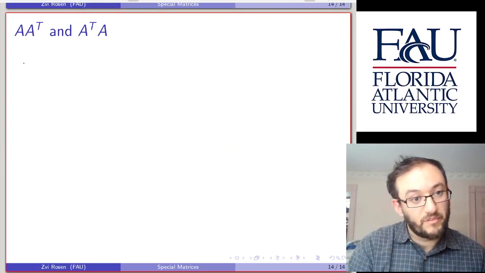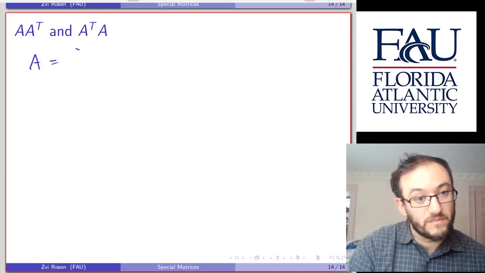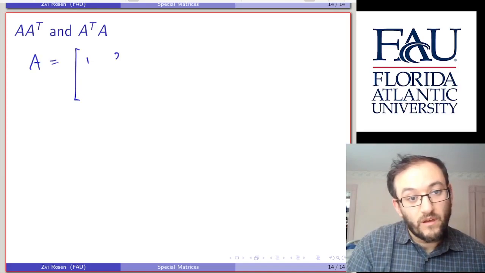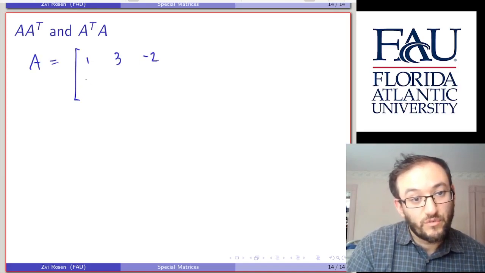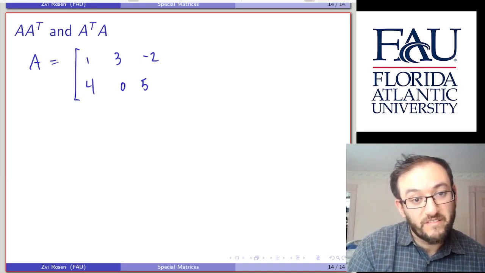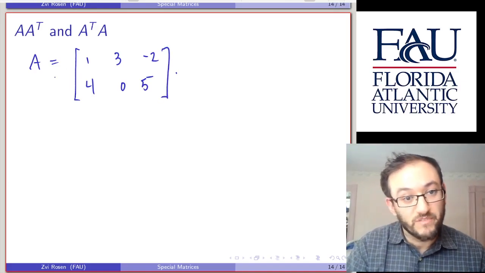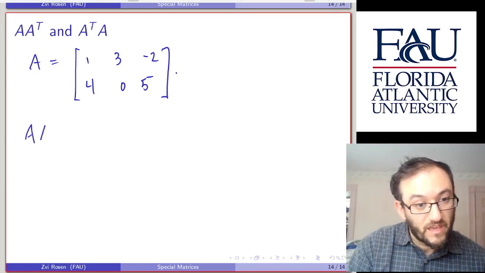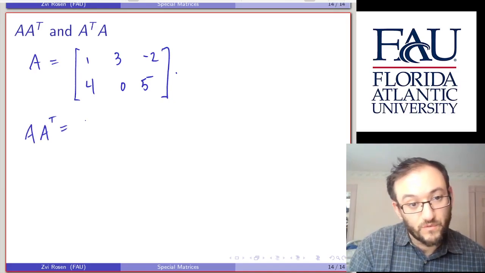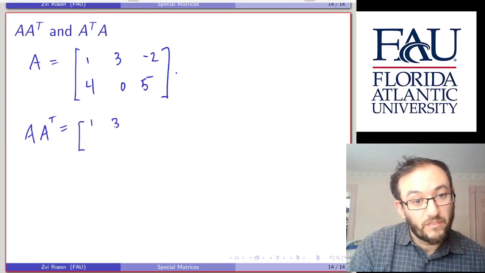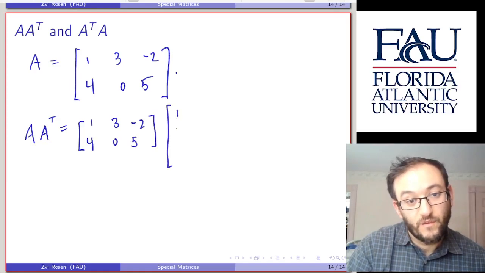Okay, so let's see an example of this. So if we have A equals 1, 3, minus 2, 4, 0, 5. Okay, we can check what A times A transpose looks like. So that is 1, 3, minus 2, 4, 0, 5 times 1, 3, minus 2, 4, 0, 5, with the second one transposed.